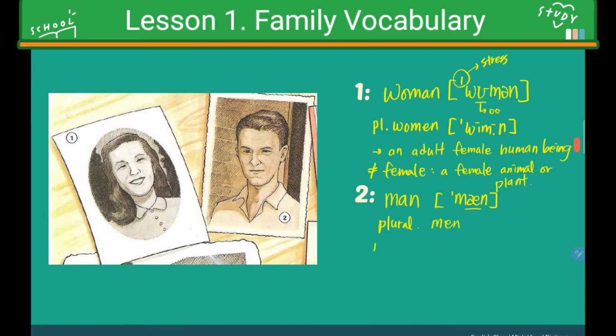And the definition is an adult, male, human. Or we use man to refer to mankind. So all human beings together, mankind. For example, we can use the sentence, the history of man.